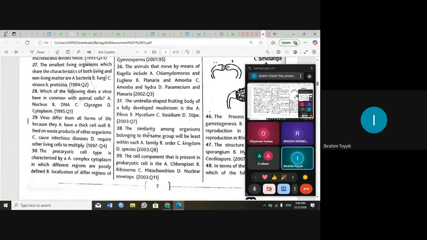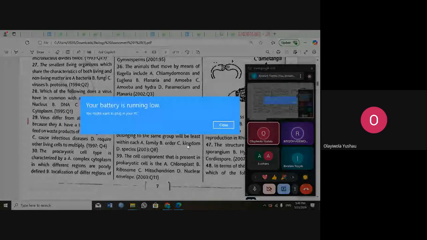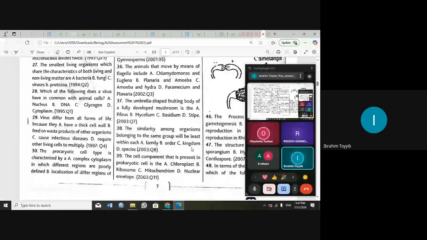They are talking about the similarity among organisms belonging to the same group. For example, now we have kingdom Monera, Protista, Fungi, Animalia, like that. So it is kingdom.